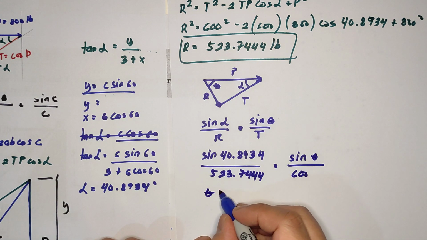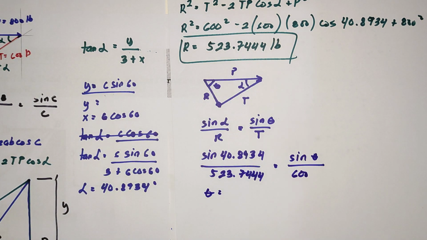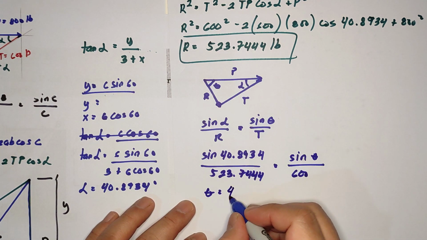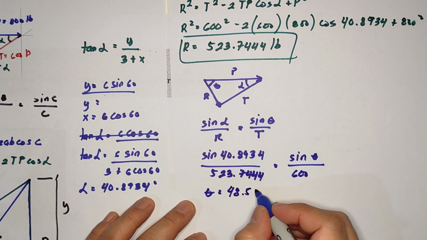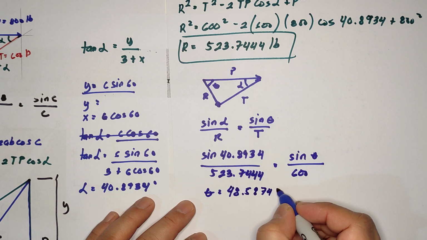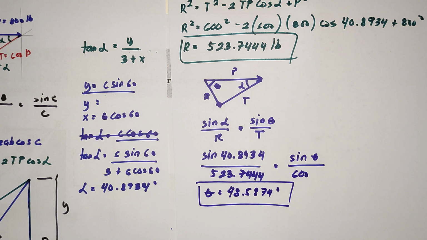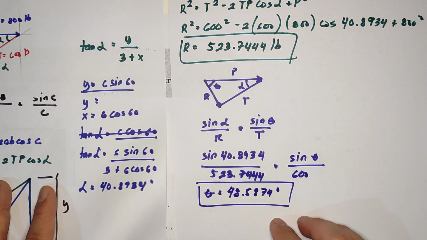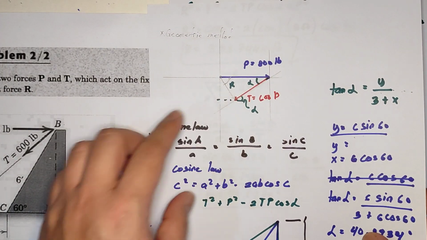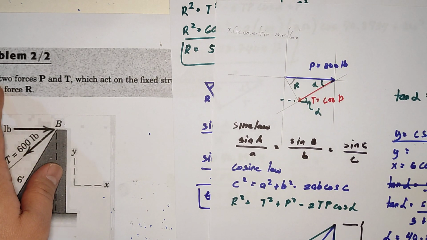So you have now a theta that is equivalent to 48.5874 degrees. So that is the direction and magnitude of the resultant, or the combined.